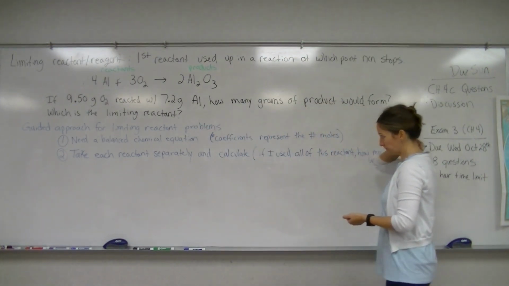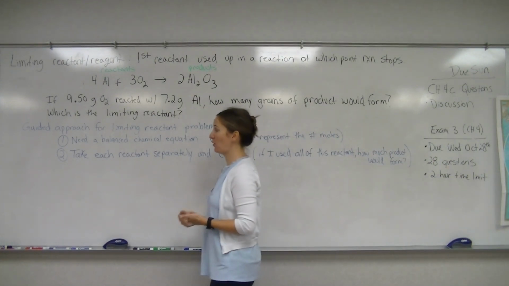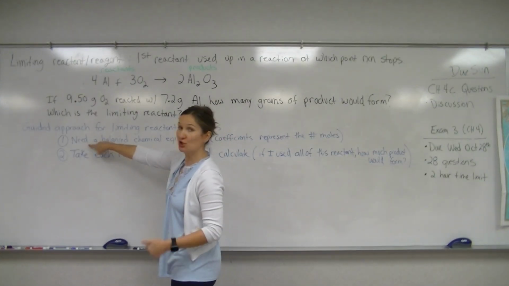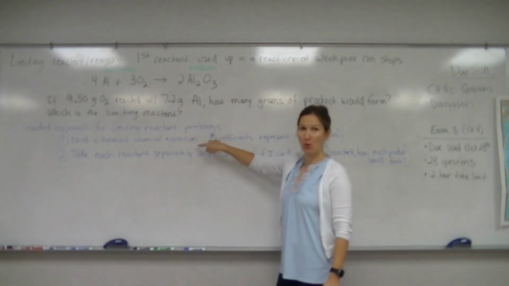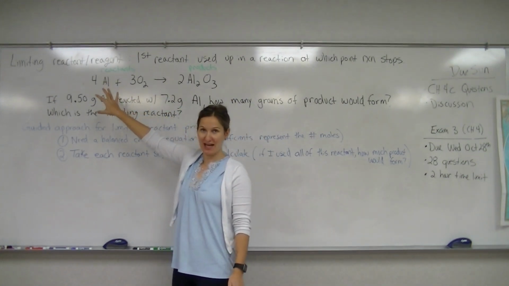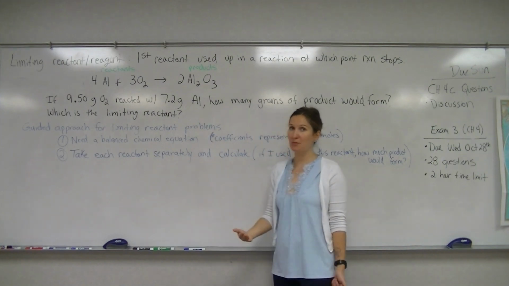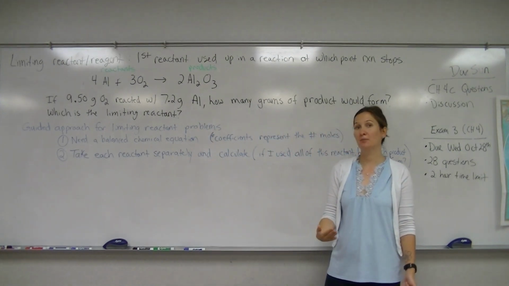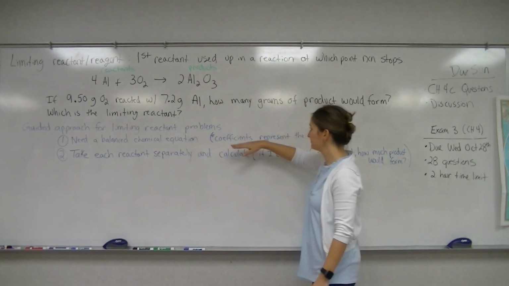The first thing you want to do when approaching a limiting reactant problem is check and make sure you have a balanced chemical equation, and that's what this is up here. Make sure that you have that, because you're going to need it. Most of the time it'll be balanced for you, but check to make sure. Why do you need a balanced equation?